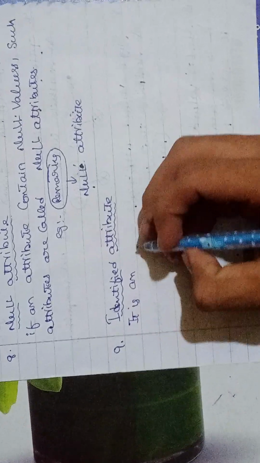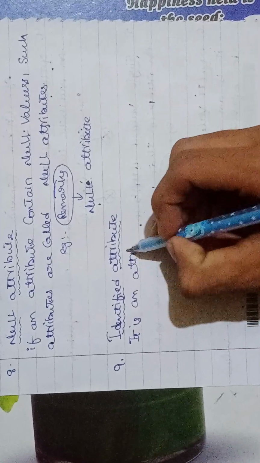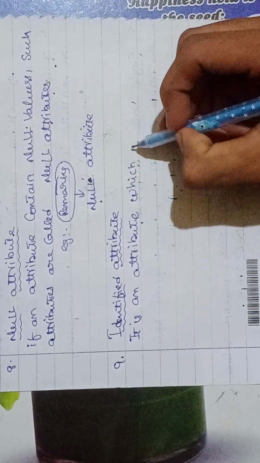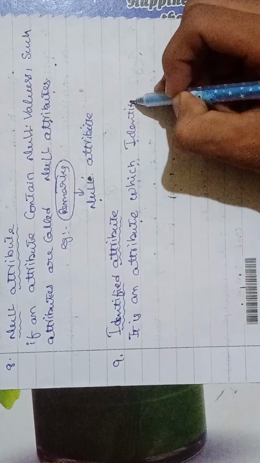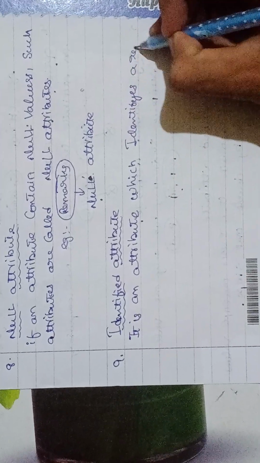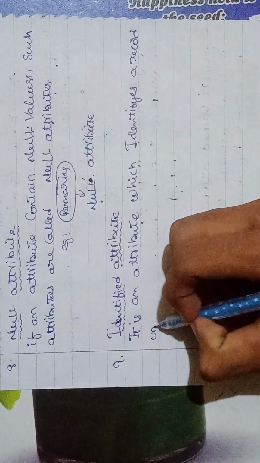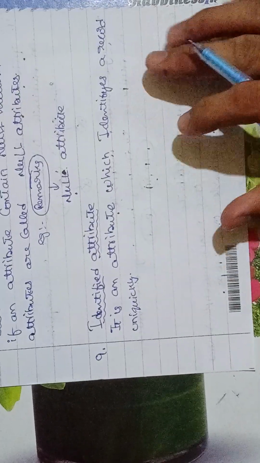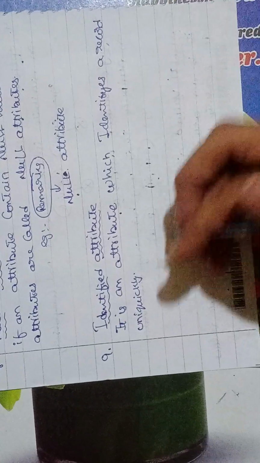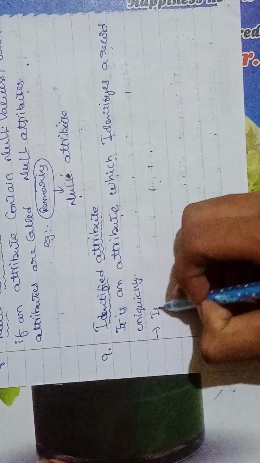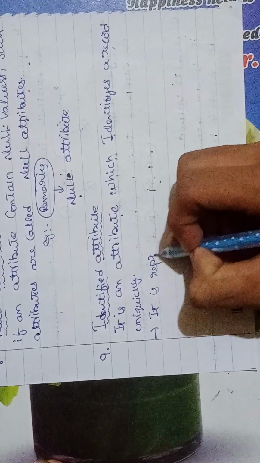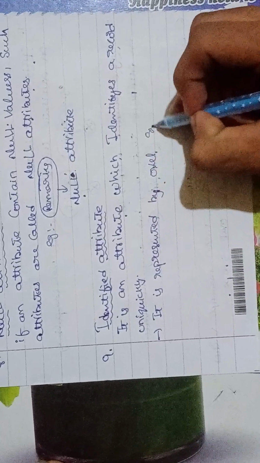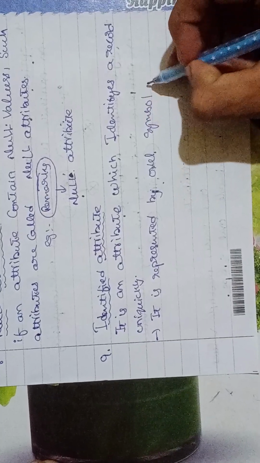We told previously it is represented by an oval symbol with an underline.